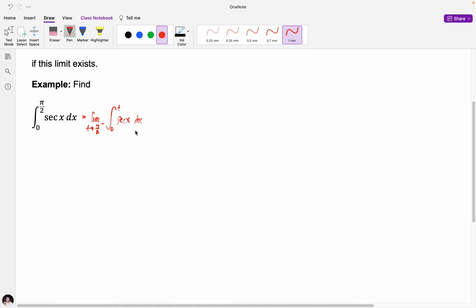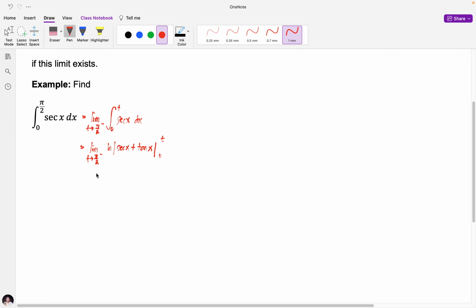Now, we have a formula for the integral of secant x dx. So we can just directly integrate this one. So this is now the limit of the integral of secant x is ln of the absolute value of secant x plus tangent x evaluated from 0 to t as t approaches pi over 2 from the left.